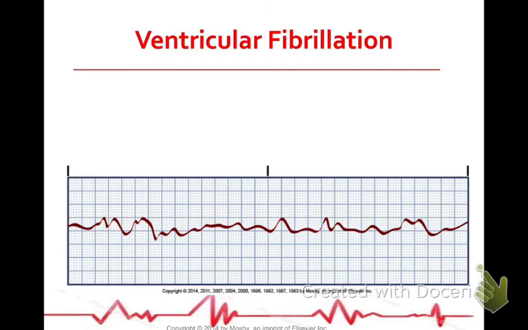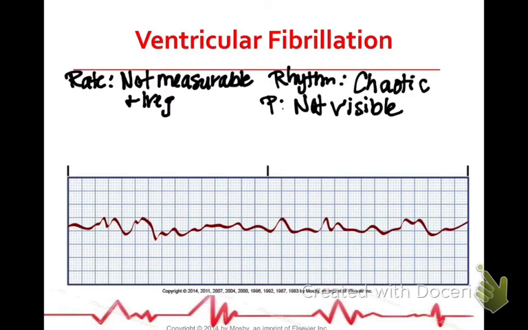And then VFib. Your rate's not measurable, the rhythm's just chaotic, the P wave's not visible, it's just fibrillation waves. You really can't see much. It's a severe derangement of the heart rhythm.